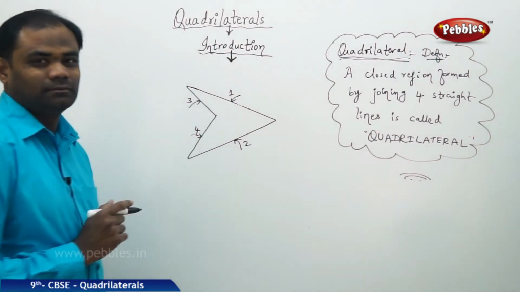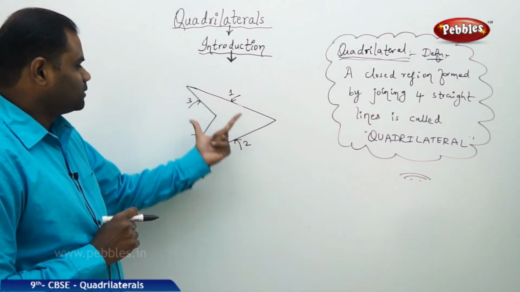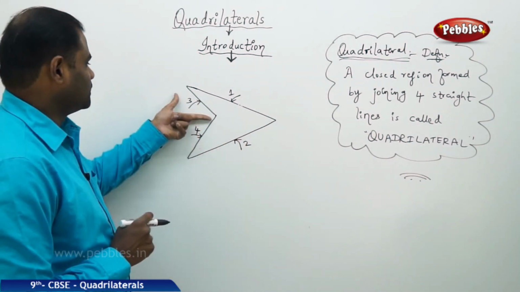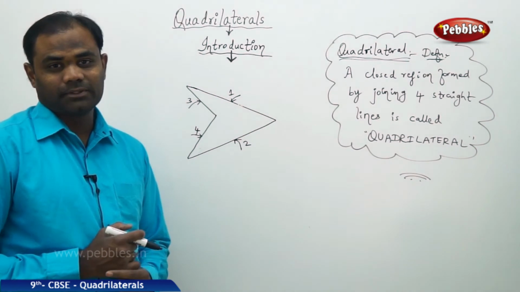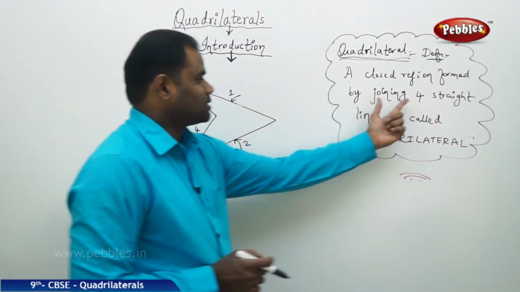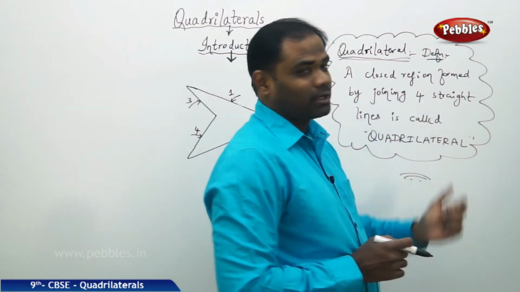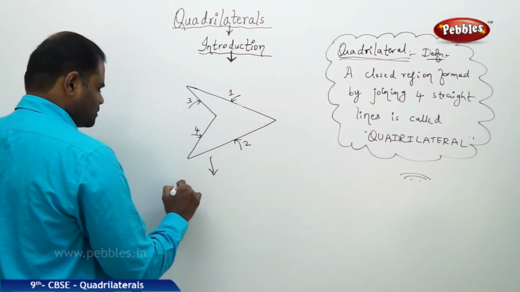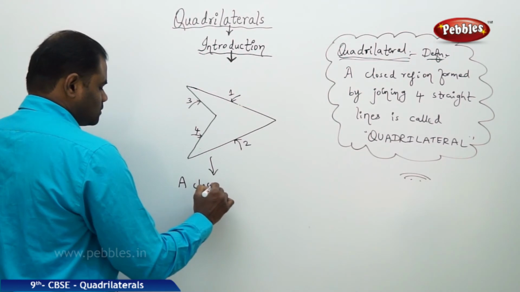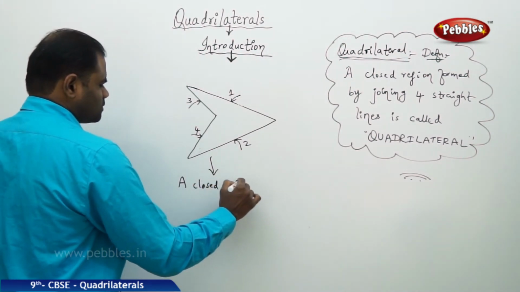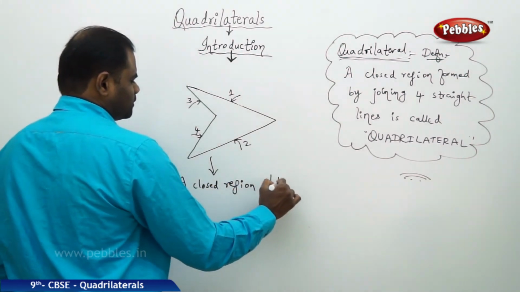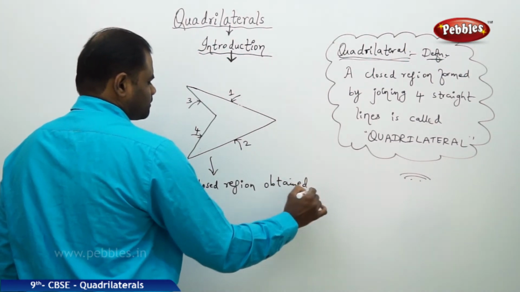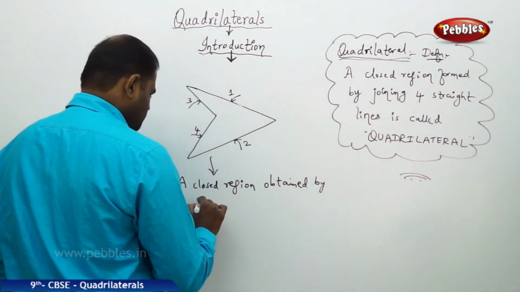So line 1 here, line 2 here, line 3 here and line 4 here: four straight lines joined to form a closed region.